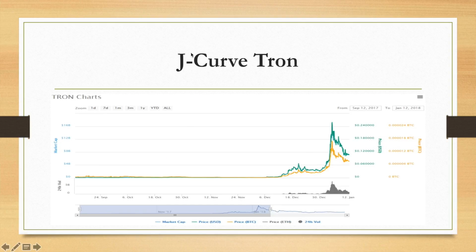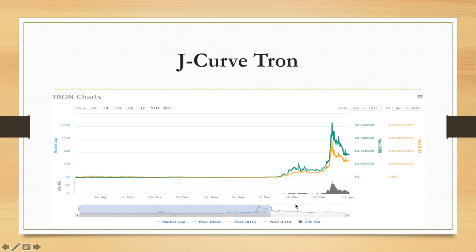Another one is Tron. Into December was the first J curve that it went through, because it didn't start until September of 2017. It started under a cent, the same exact thing Ripple did, went all the way up to 27 cents and then came back down.